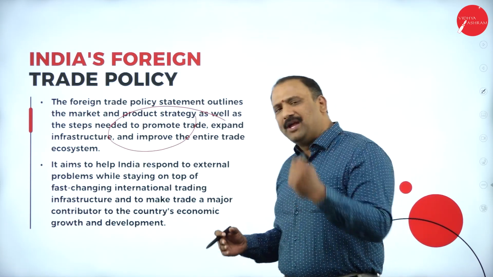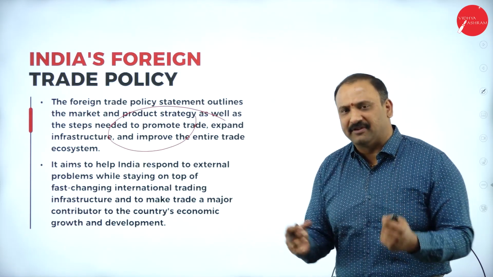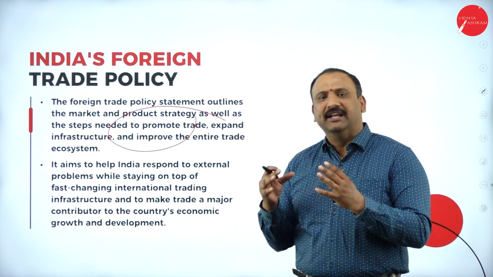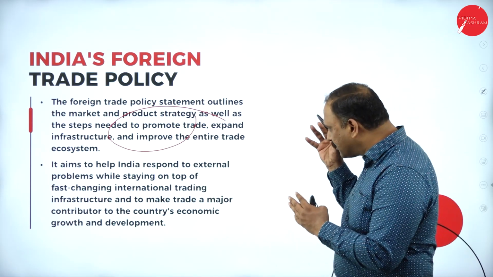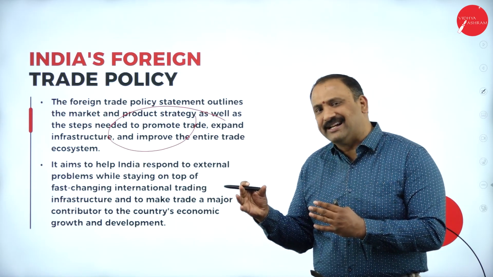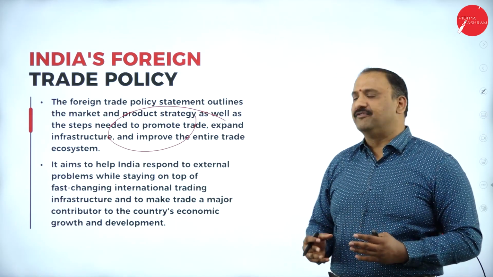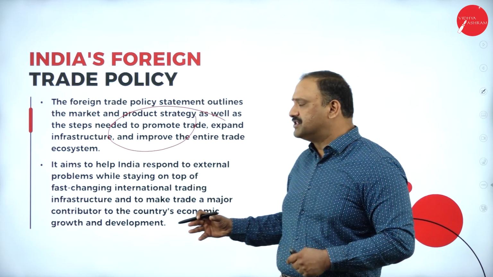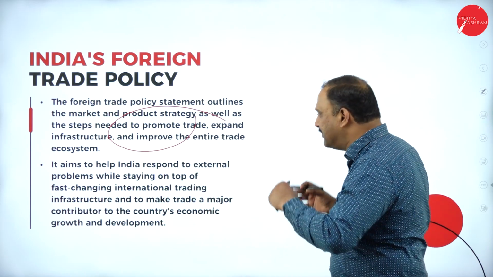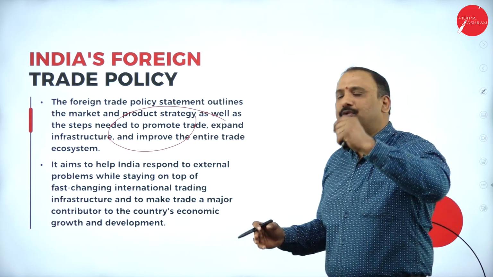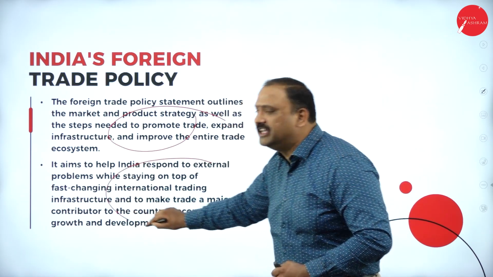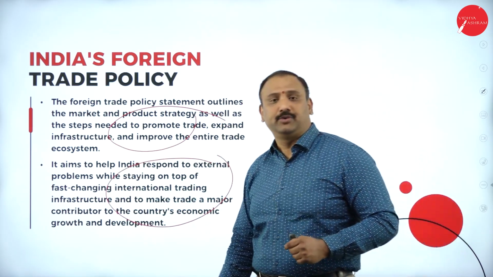But nevertheless, we were ready to build in a system. We were ready to build in an entire activity that was required. So right now, we are trying to concentrate on trade-related activities by improving the infrastructure, by improving the services. And we as Indians, we are ready to respond to the external problems by staying on the fast-changing lane altogether.